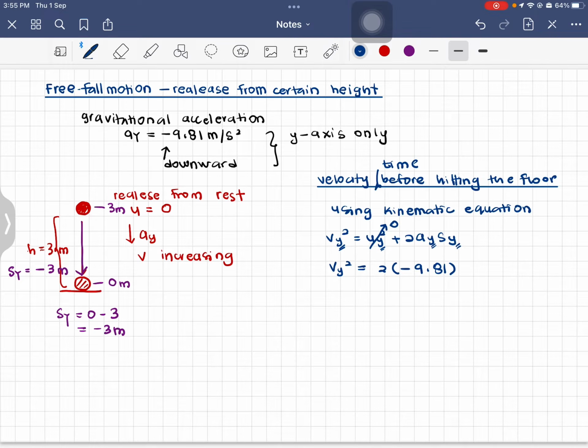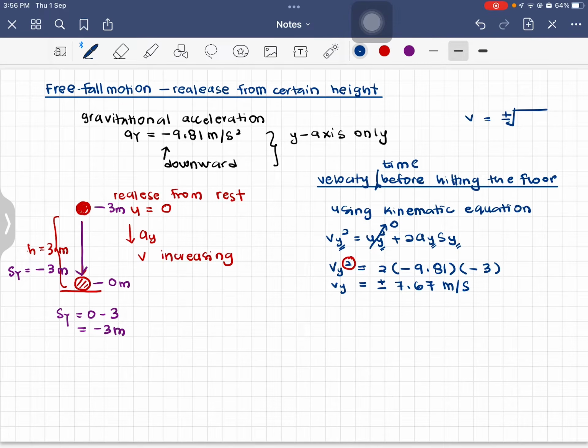We must put negative here. Sy also, since we consider the displacement, we need to put it negative. When you square root, the answer must have plus minus. Same as here, we put plus minus. You will have your V as 7.67 meter per second.